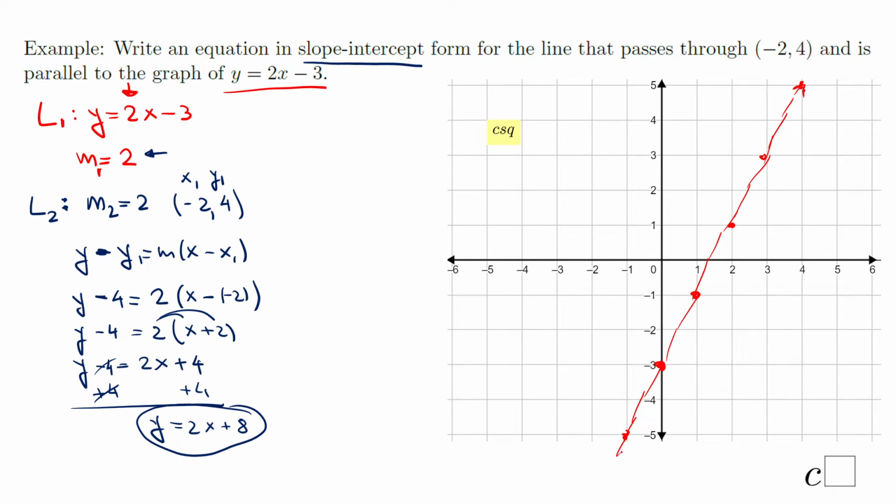This is the given line, and for the second line we know the point is negative 2 and 4, and it has the same slope of 2, so I can get some points like this. Unfortunately I cannot go up, but if you have a graph paper that is larger than what I have on the screen, you'll notice the y-intercept should be somewhere up here, a positive 8. So this is a graphical way to see what we did in this problem.